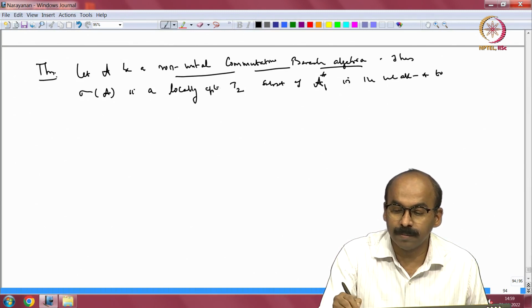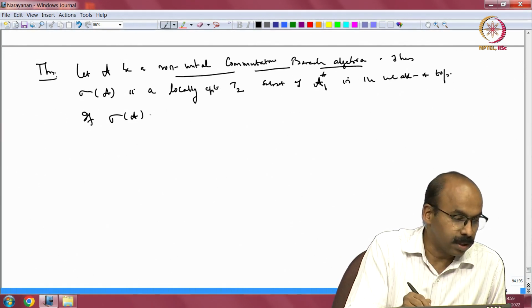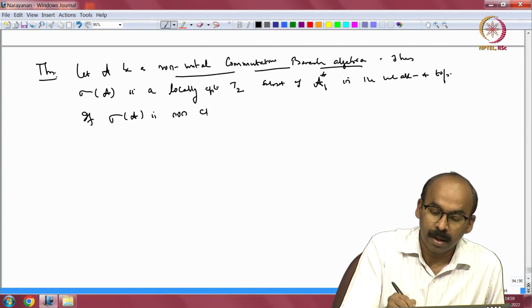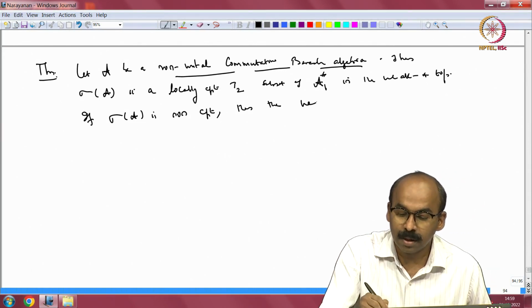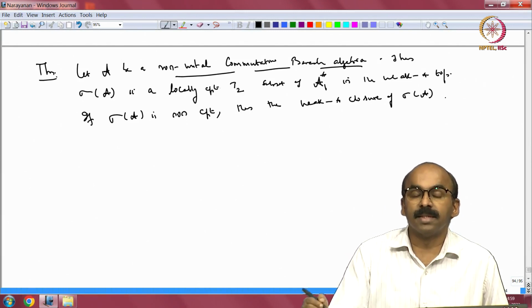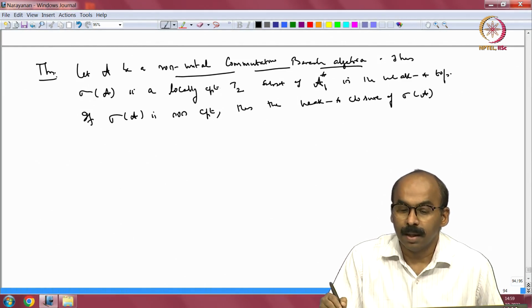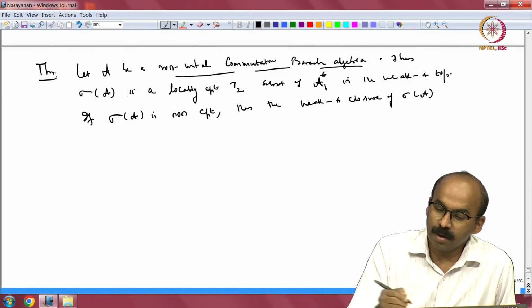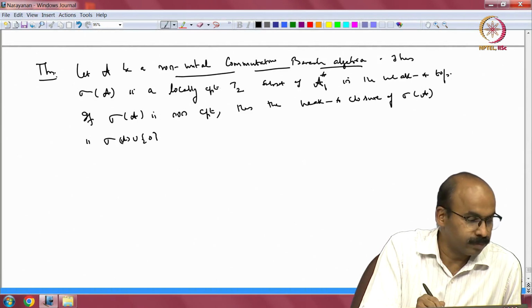If sigma A is non-compact, then the weak star closure of sigma A sits inside the unit ball of A star, and all that you are adding is the point 0. Okay. So, the weak star closure of sigma A is sigma A union 0, okay.